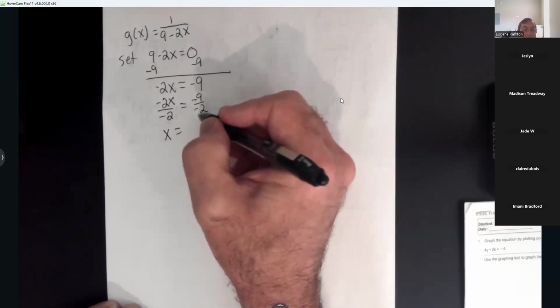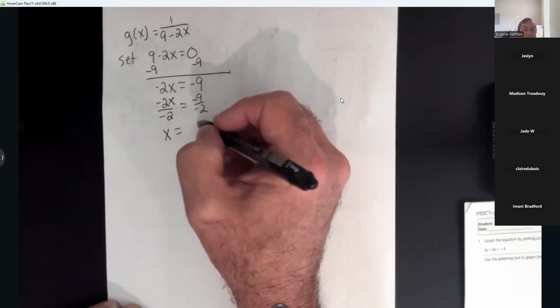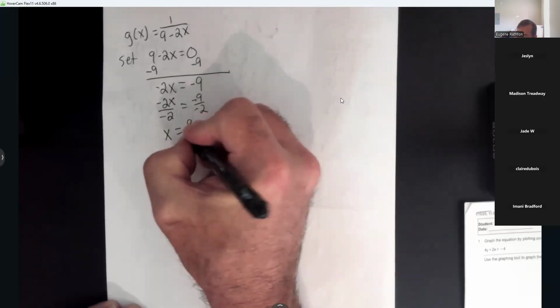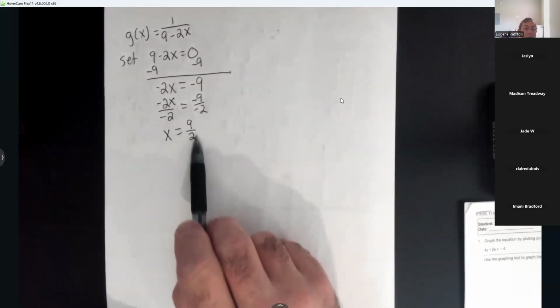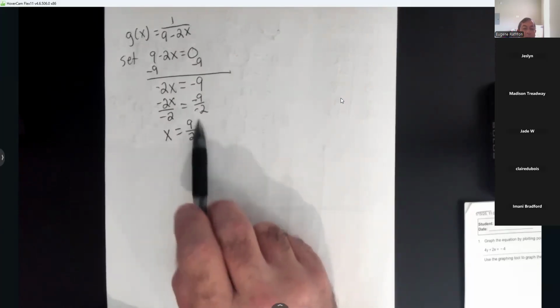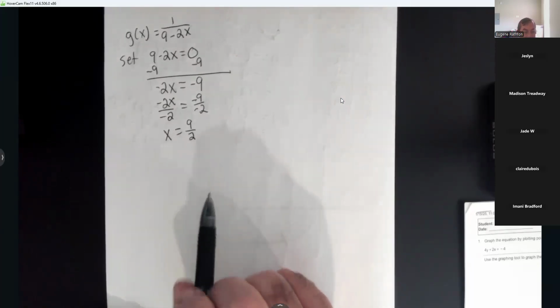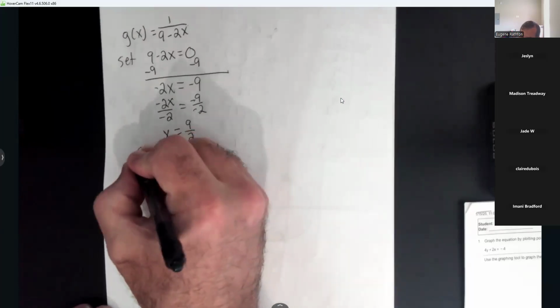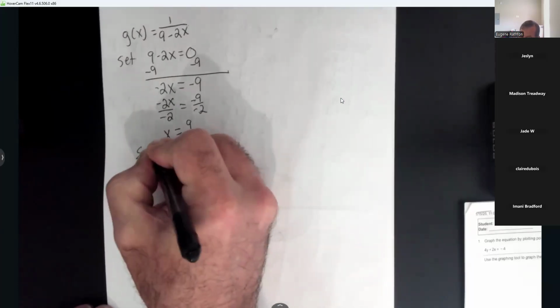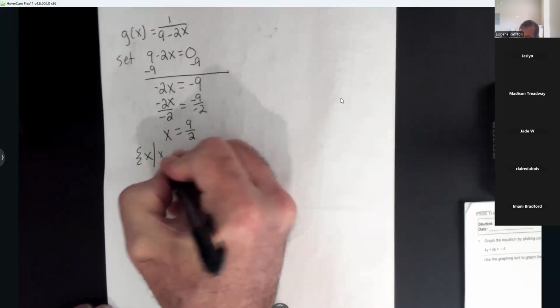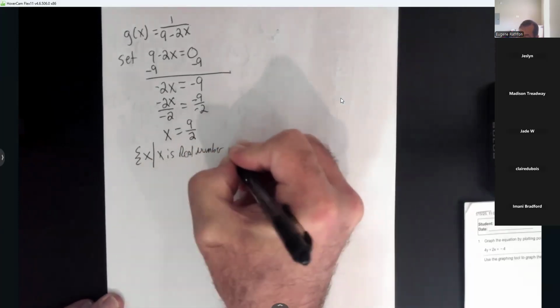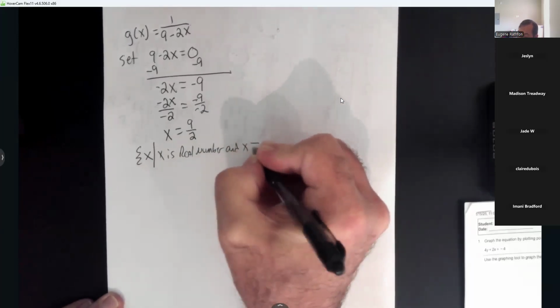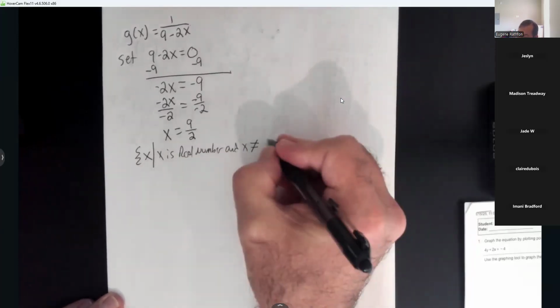And then that -9 divided by -2, the negatives cancel, and that's just going to stay 9 halves. This one will not reduce because 2 and 9 can't divide by any numbers that are the same. So in our domain, it'll be x such that x is a real number and x cannot equal our 9 halves.